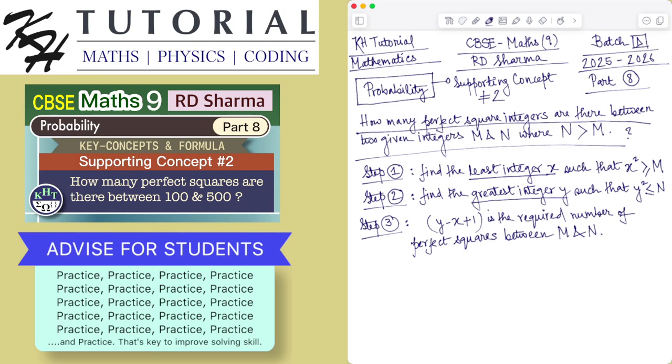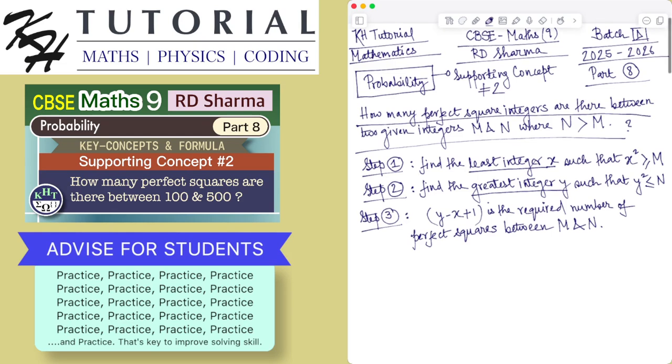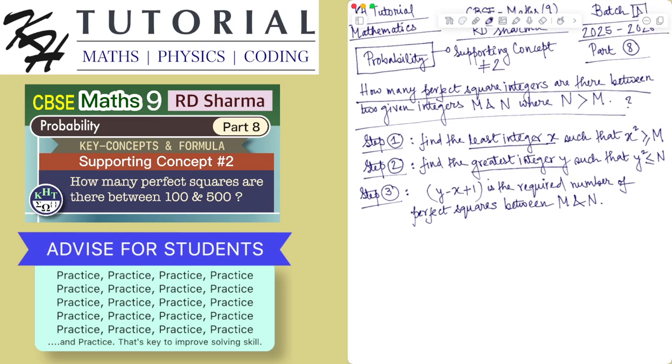I will discuss the cases where m and n are large numbers later. First, let's see how we apply this concept to find the number of perfect squares between m and n, where m and n are relatively small numbers.